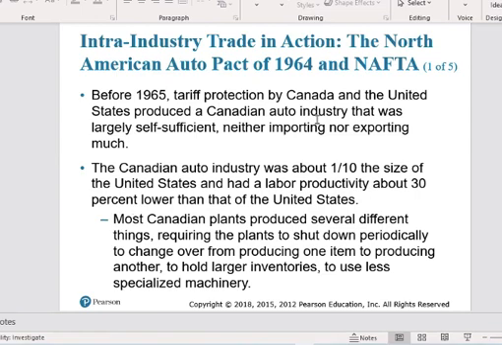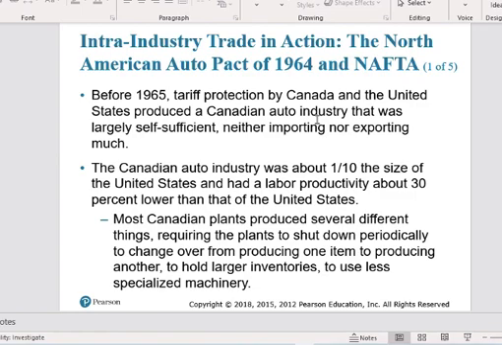Most of the Canadian car makers made everything on their own. They produced every single part by themselves, neither importing nor exporting. The Canadian auto industry was about 10% of the size of the US and had a labor productivity about 30% lower than that of the US.